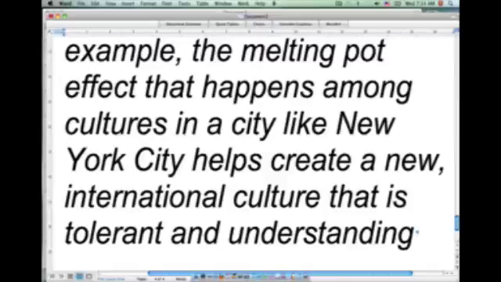Okay, so the melting pot effect that happens among cultures. Tolerant and understanding. Okay.